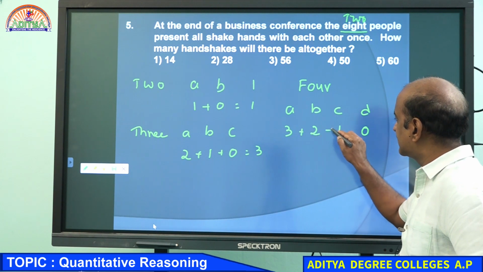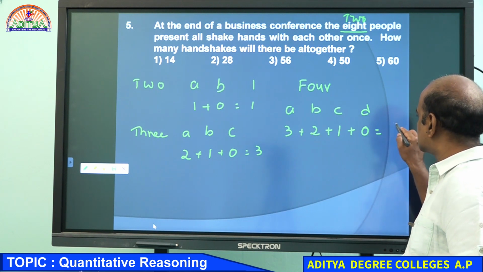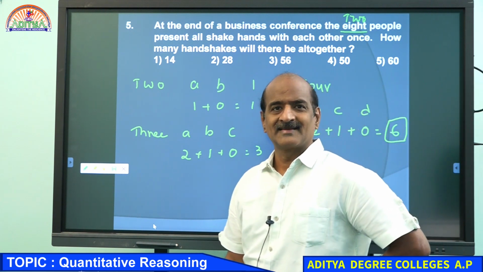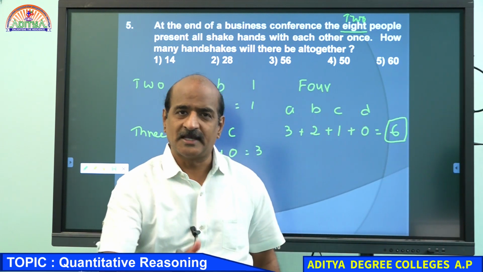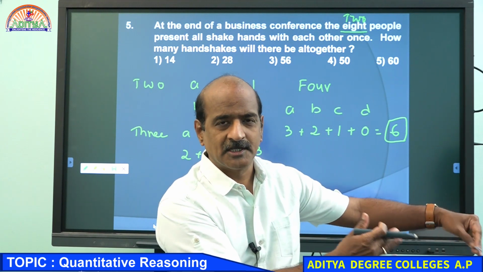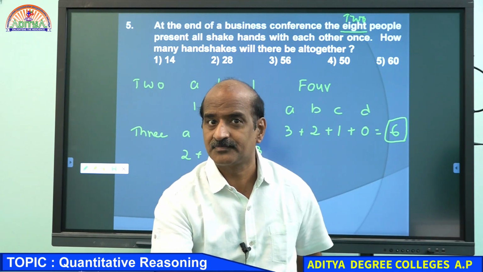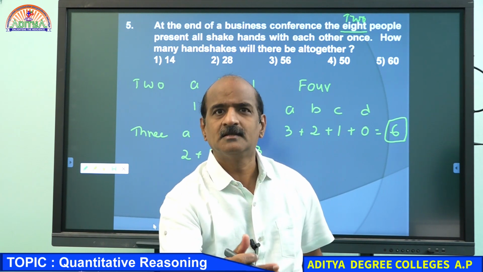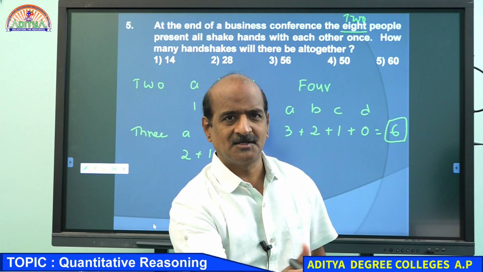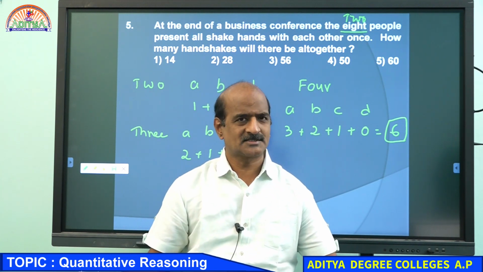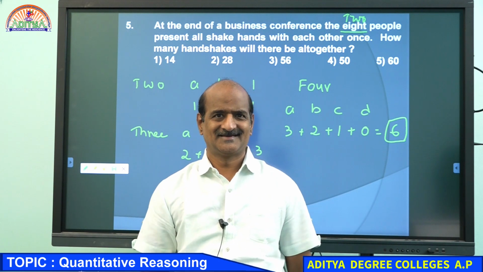So we have 6 shake hands if there are 4 people. AB, AC, AD, 3. Now come to B, BA is not needed, because AB is already counted. BC, BD. B is eliminated. Then CD. So D's combinations are all over.